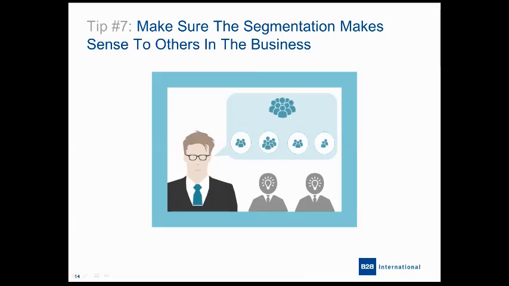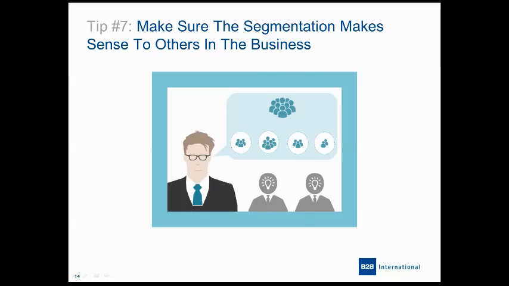Tip number 7, make sure the segmentation makes sense to others in the business. It's really important that when you do your segmentation, people can actually understand it. So when you look at the segments, do people within the business say, yes, I can think of customer X, I can think of customer Y. Are they recognizable as segments?